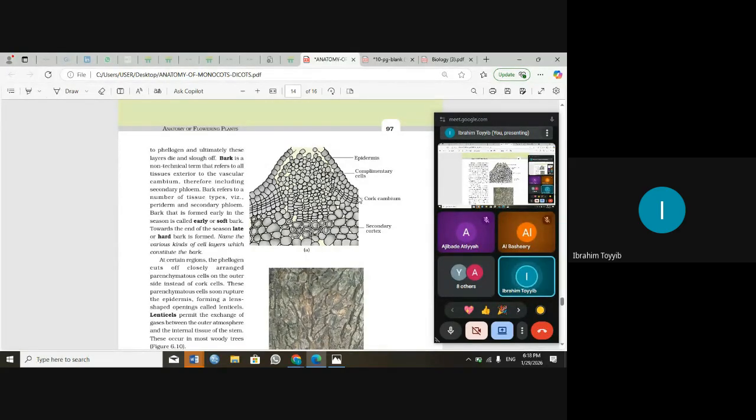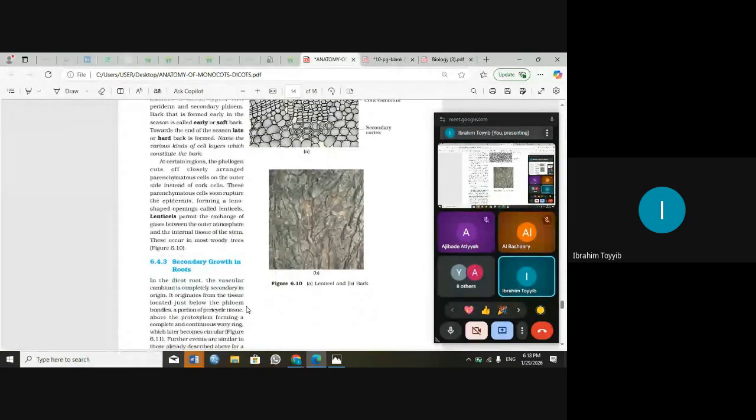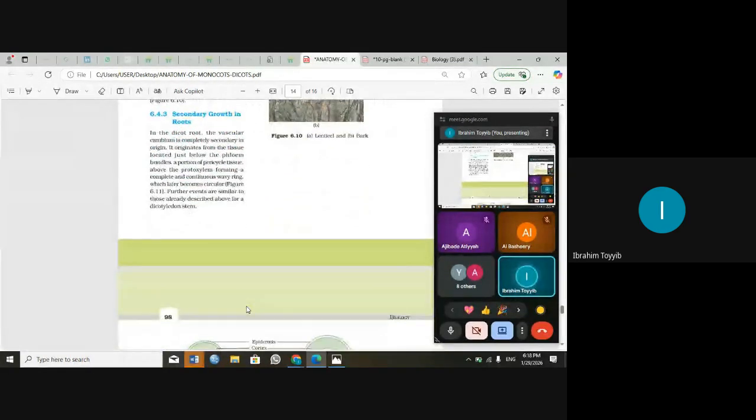So we have the cork cambium, we have the epidermis, and we have the secondary cortex here. So look at the bark of a tree. Lenticels are the openings in the bark of a tree, which is used for what? Gaseous exchange in most woody trees, which are dicotyledons.